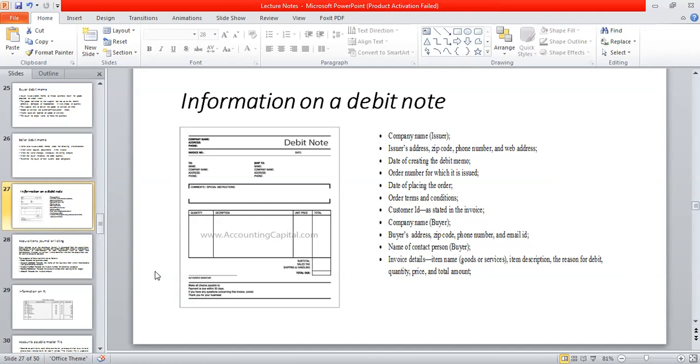Date of placing the order, terms and conditions, customer ID as stated in the invoice, the buyer and contact details, the name of the contact person, invoice details in terms of the item names, the item description, reason for the debit order, the prices, the quantity, and the total amount.